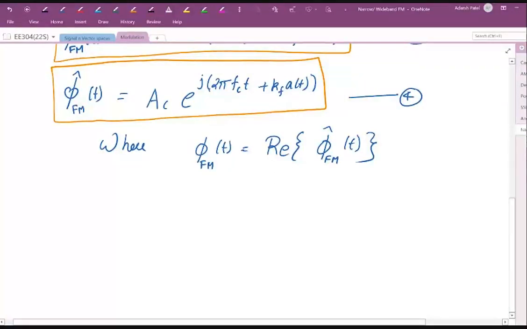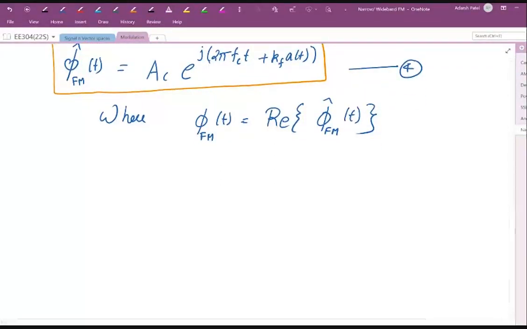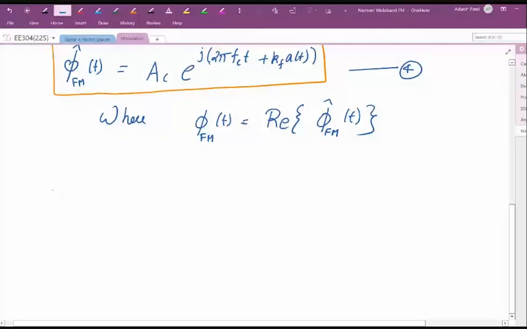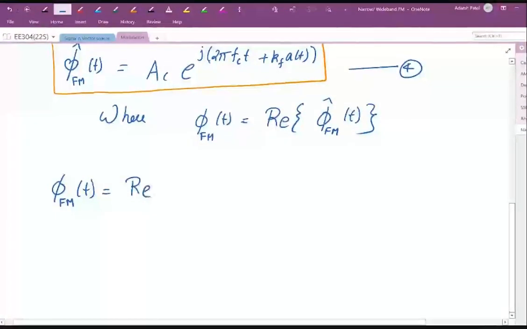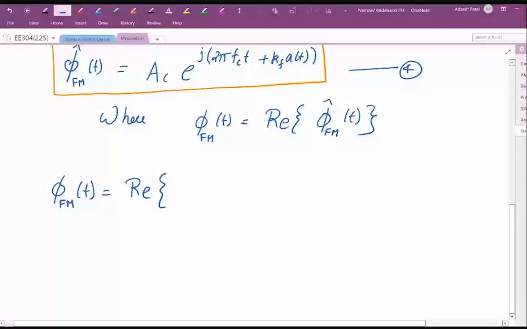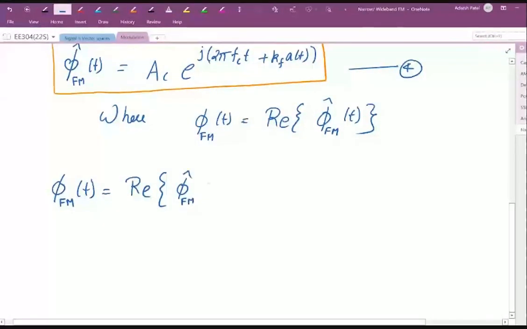So now, if I have said phi fm is the real part of phi fm hat(t), let's put this in and try to understand it well. So now let's solve this.